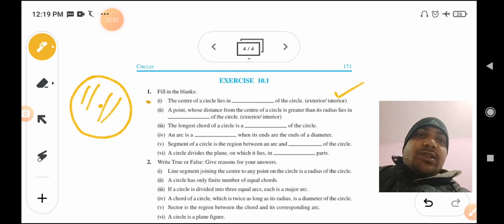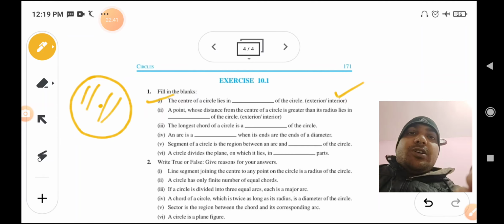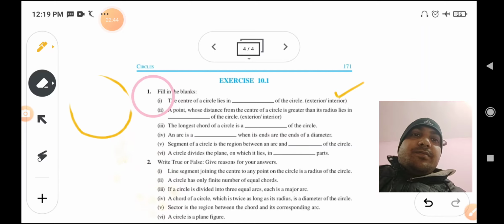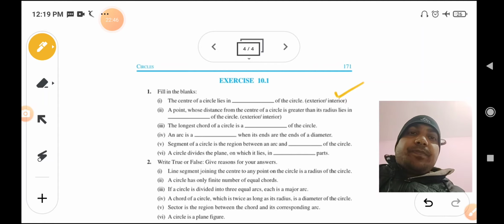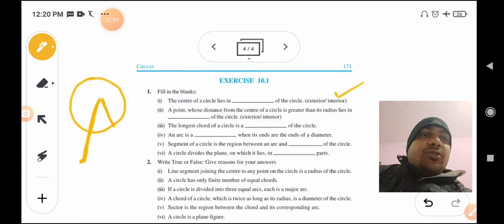The second one: a point whose distance from the center of a circle is greater than its radius.